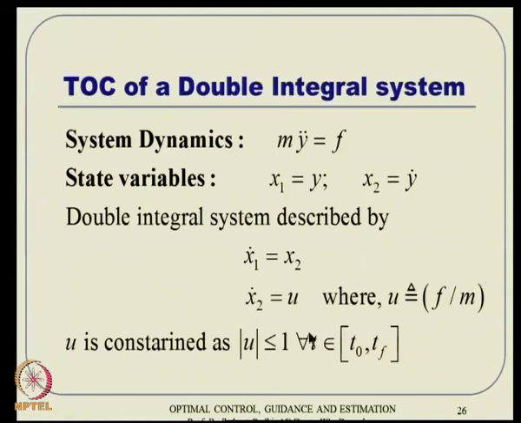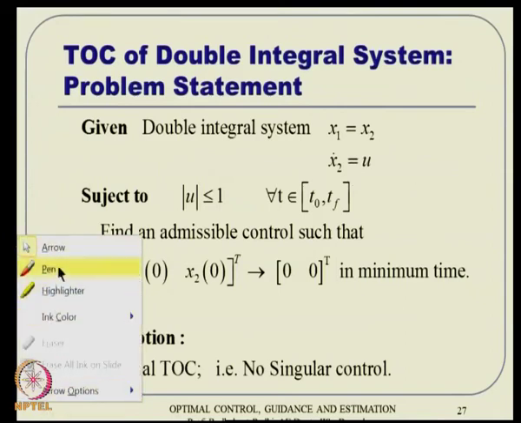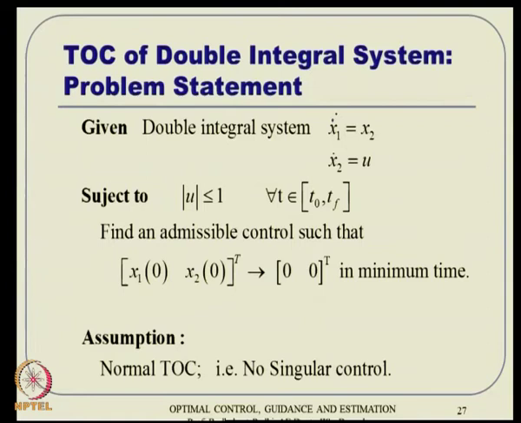Once this is in place, we will see what is happening in much more detail. We come back to this problem: the system dynamics is x1 dot is x2, whereas x2 dot is u, subject to the constraint that the magnitude of u is bounded between -1 and +1, and that constraint is valid for all time between t0 to tf.